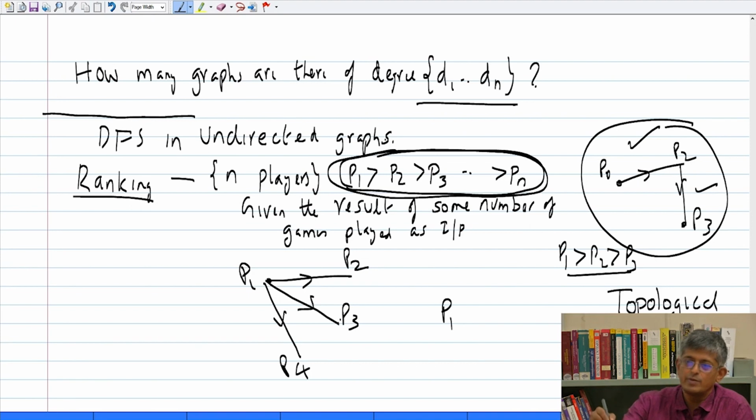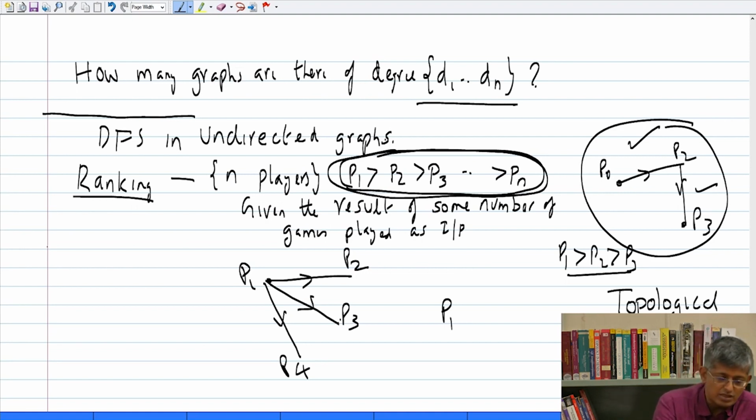P1 defeats P2, P2 defeats P3, P3 defeats P1, does not happen. Such a graph is given to you. Once such a graph is given to you, you must arrange the players in a linear order consistent with the given observation. This is called topological sorting. Fine. So therefore, what is the algorithm design exercise?